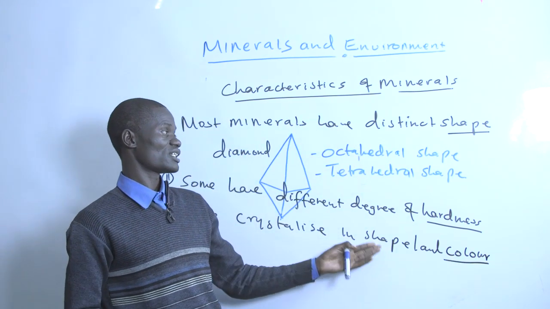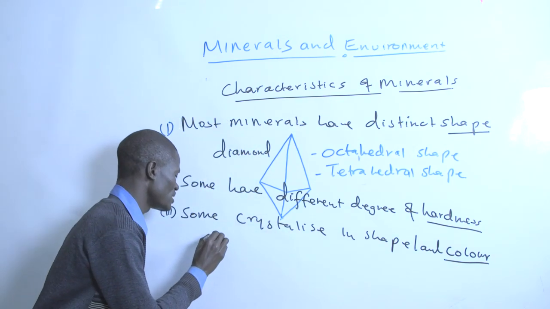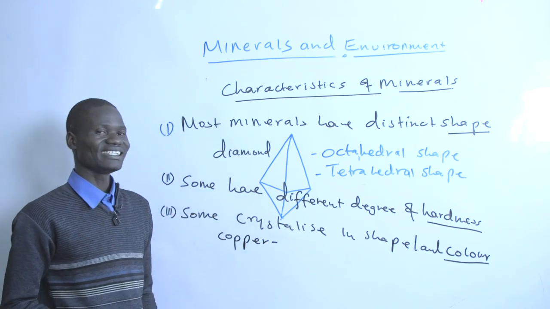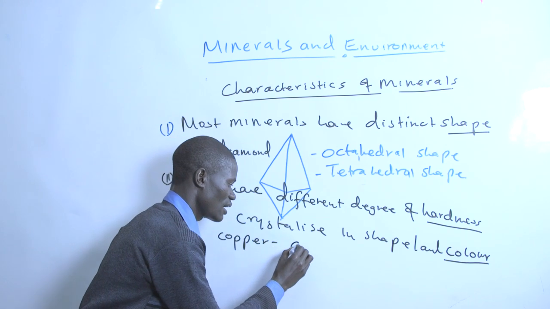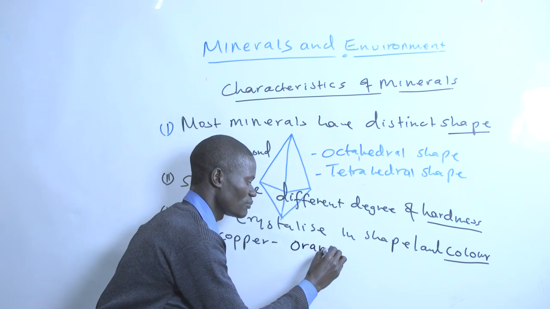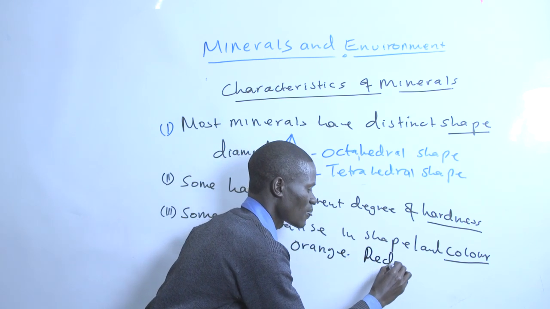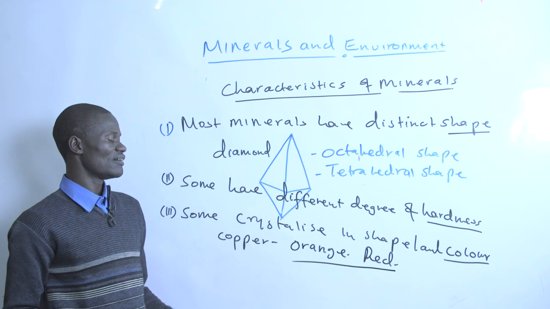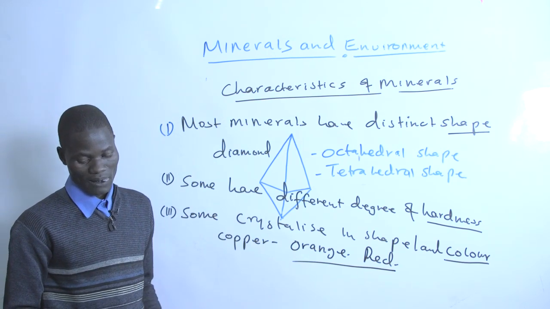Because we have already looked at the shape, we look at the color. For example, copper is a mineral. When it still has some impurities, it may be orange or it may be red, depending on the level of impurities embedded in the copper.